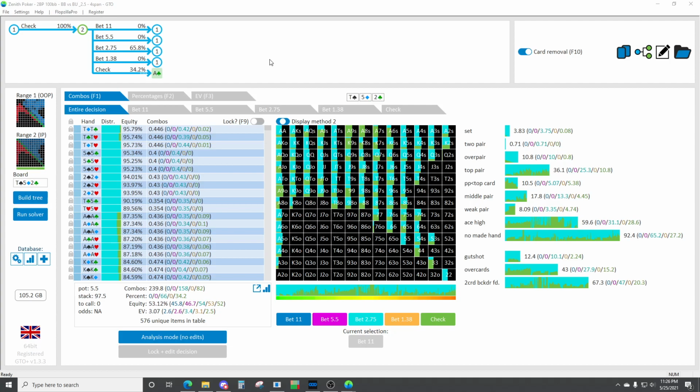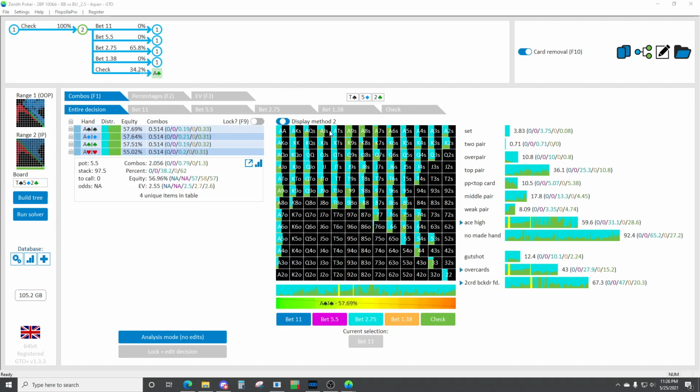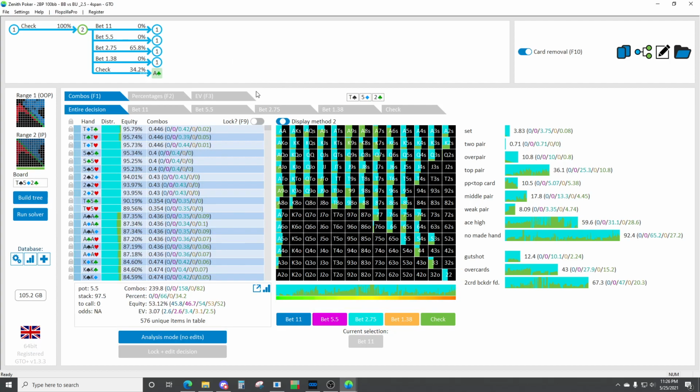Like in the check line, there's not going to be nearly as drastic swings in equity for each player on different runouts. Like if we take a board like 10-5-deuce, in position has a slight equity advantage on this board, but it doesn't smash either player.